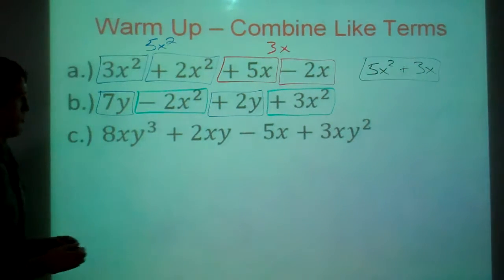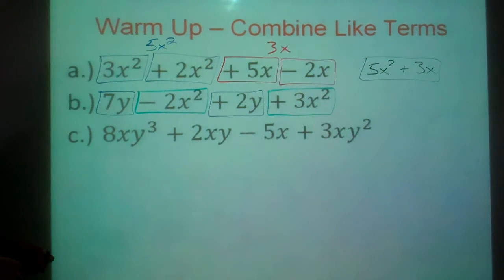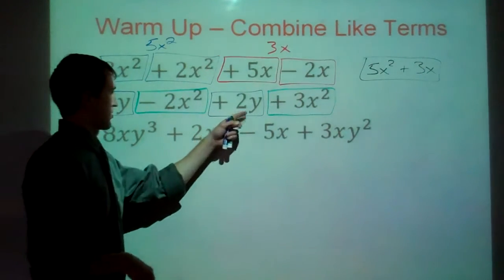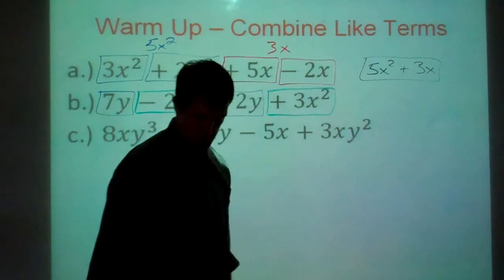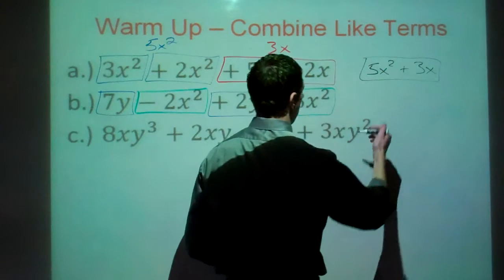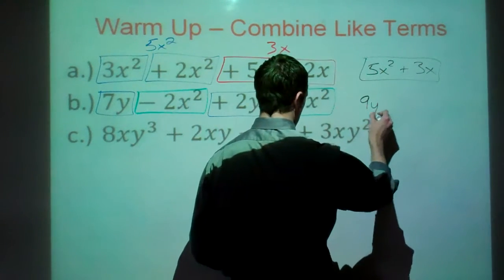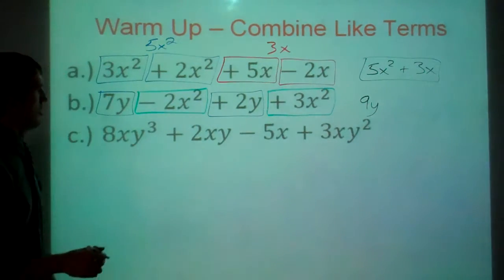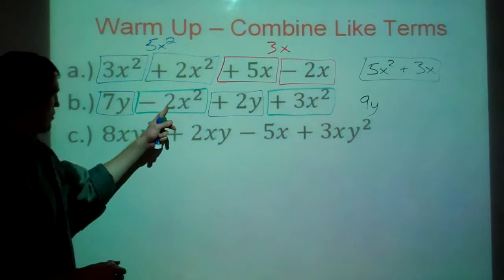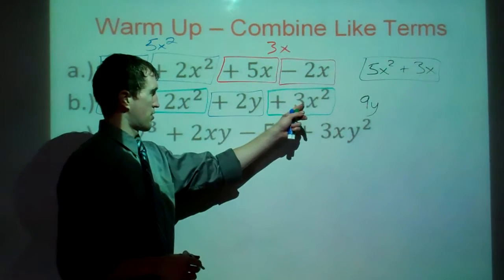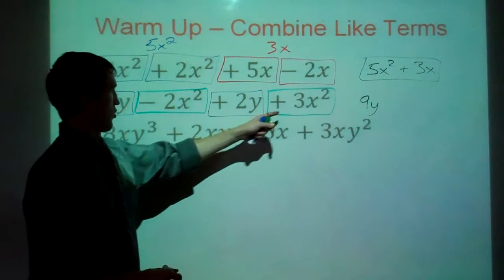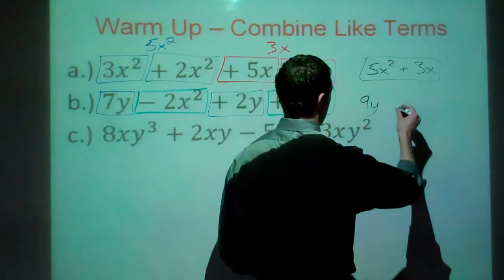Okay? So matching variable parts. 7y plus 2y gives us a 9y. Negative 2x squared plus 3x squared, or negative 2 plus 3, is just 1.